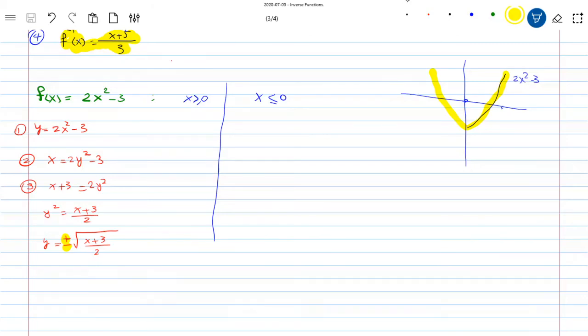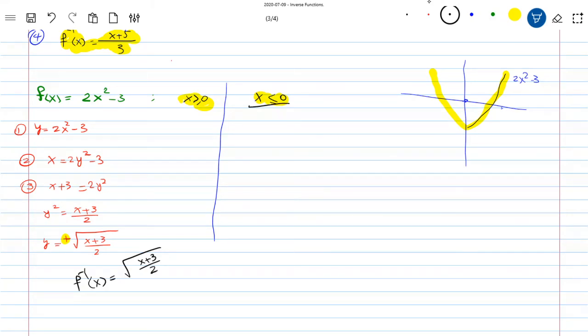This is how the restriction x greater than 0 or x less than 0 applies. If you want the positive ones, then I'll say, okay, let's ignore the negative because I have this restriction of x greater than or equal to 0, so I do not pick this negative. The y values are supposed to be positive. So what is the inverse? F inverse of x is simply the square root of (x plus 3) divided by 2.